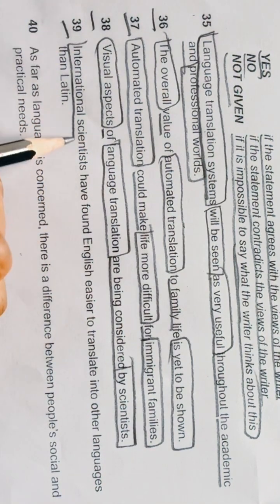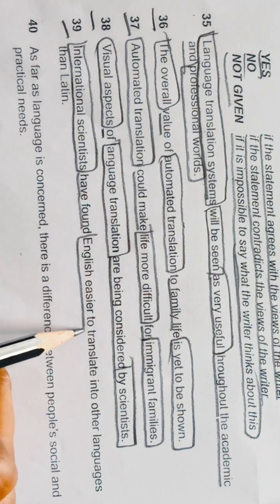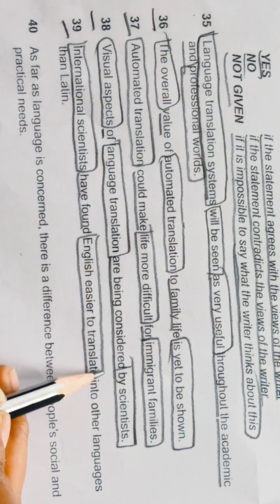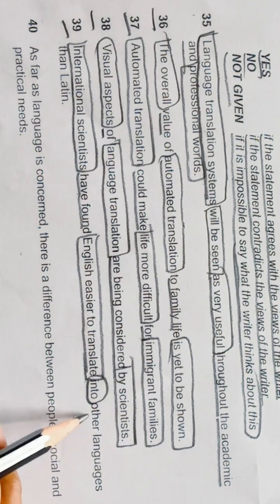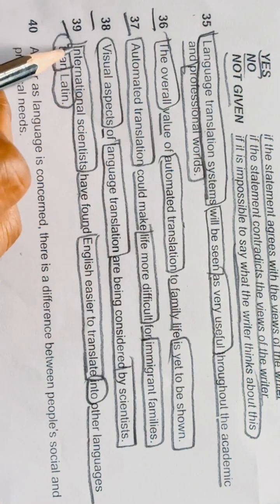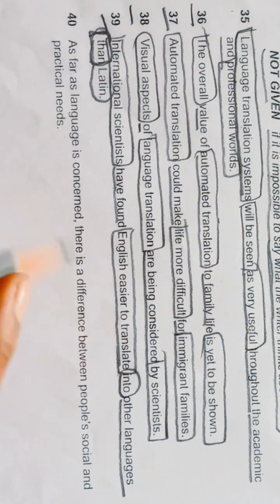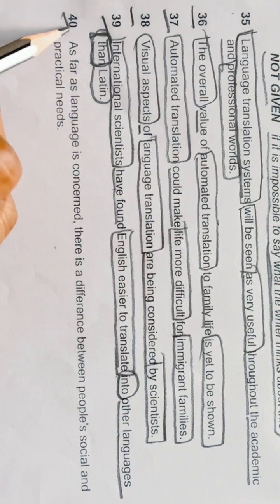39. International scientists have found English easier to translate into other languages than Latin. And our last question is 40.